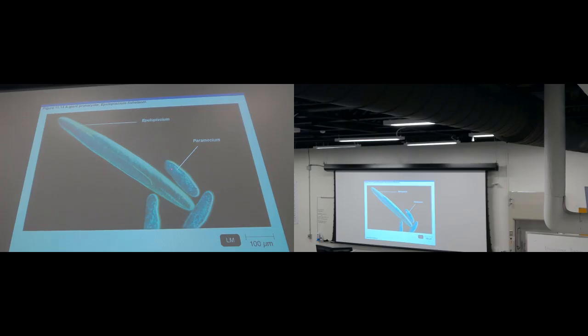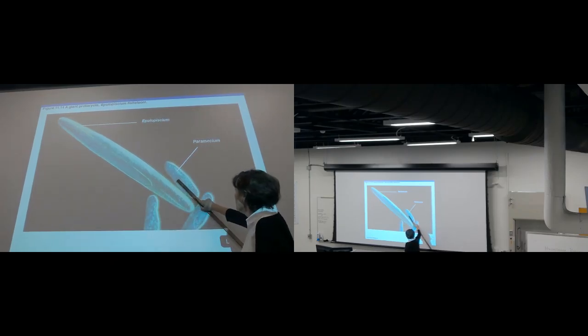So this is a protozoan, paramecium. It's a free-living protozoan. It lives in lakes or in ponds of water, this paramecium. And this is a large cell. So look here at this scale bar. More or less, this is around 100 micrometers.